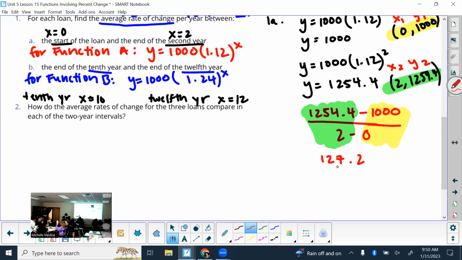The 100th spot with the TH. So then how can I make this look more like money? Class, how do I make this look more like money? Good. That's our average rate of change for function A, part A, from the start to the end of the second year.